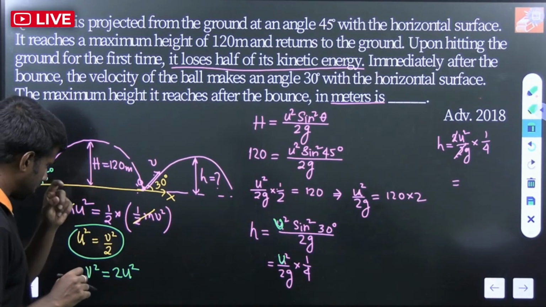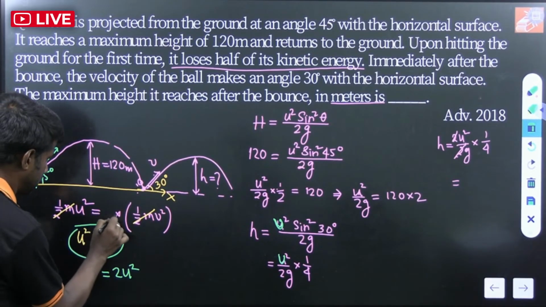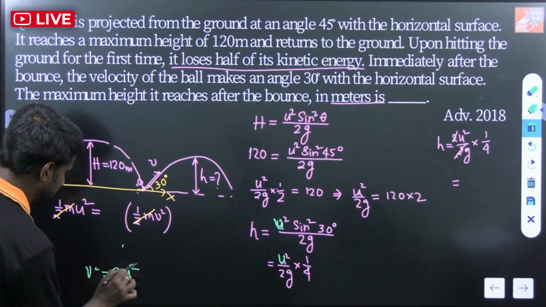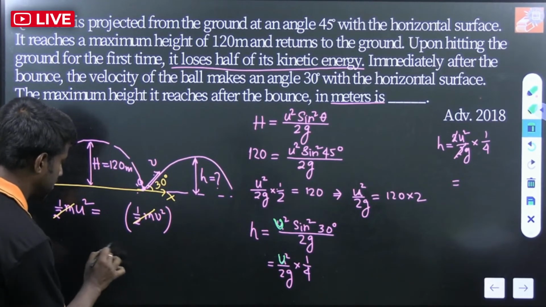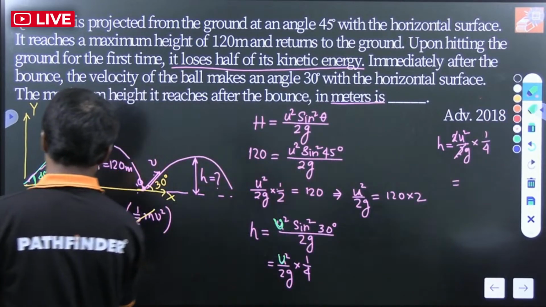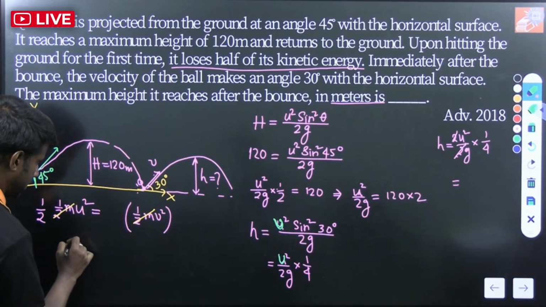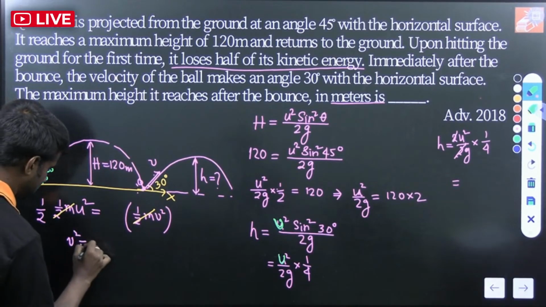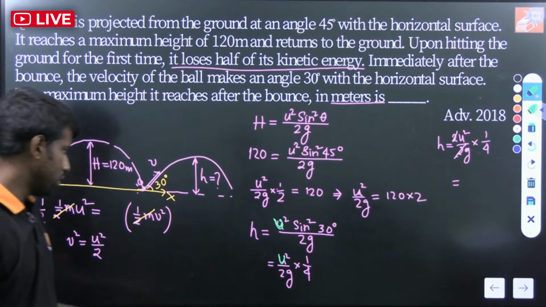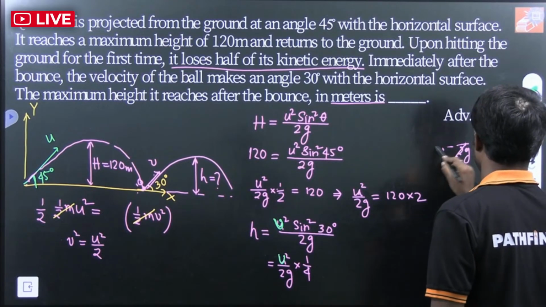Half of the kinetic energy is lost, so the final kinetic energy is half of the initial kinetic energy. So that 1 by 2 will be here. From there we get that v square equals u square by 2. So we will put v square equal to u square by 2 here.